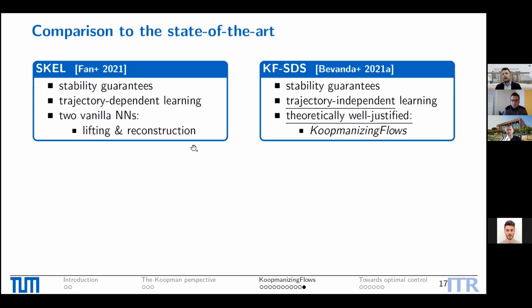So as mentioned, we have a state-of-the-art method in related work, so we wanted to compare ourselves to their method. As already mentioned, they also have stability guarantees, but they are trajectory dependent, whereas we are not, and they use two vanilla neural networks for lifting and reconstruction, which turns out to be more flexible, but it's not really theoretically backed, as we've seen that the Koopman operator allows for linear mode decomposition.